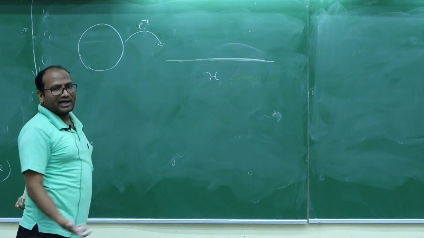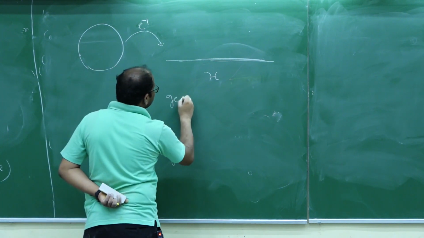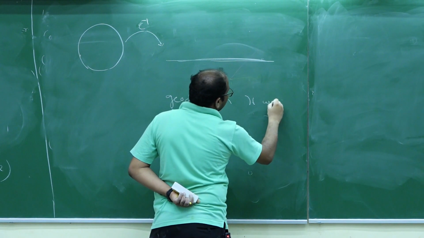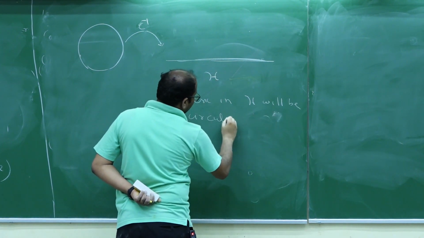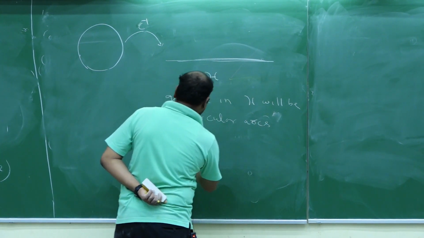That will also be a circular arc perpendicular to the boundary. So geodesics in H will be circular arcs perpendicular to the boundary.